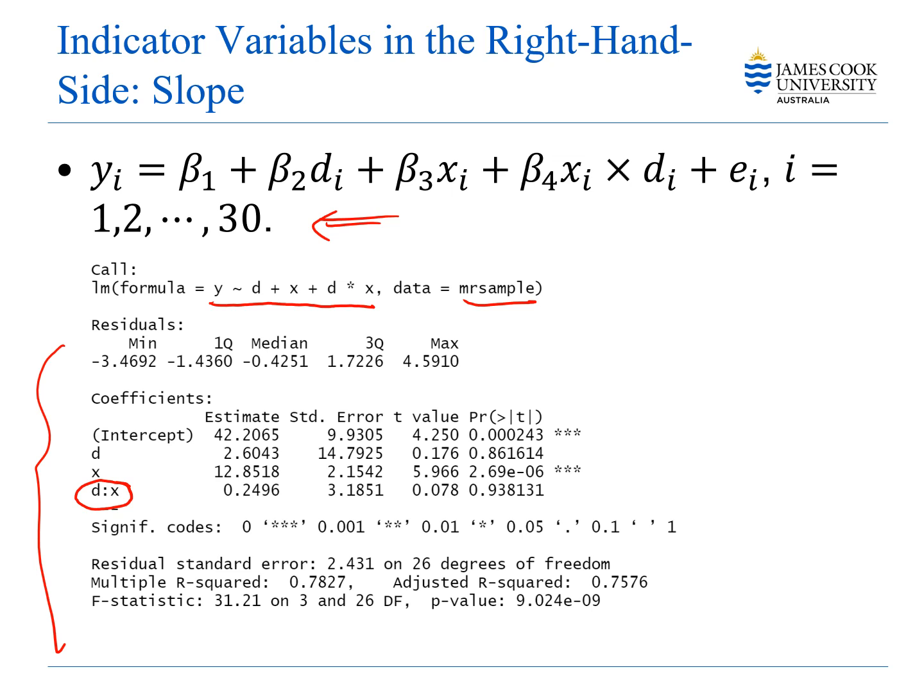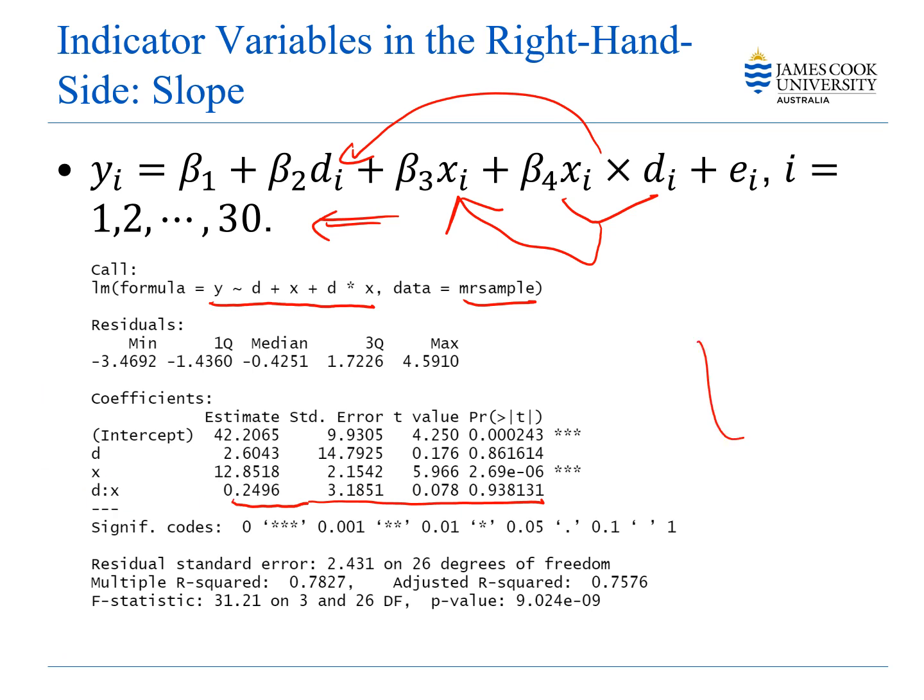In particular, this gives us the estimate of beta 4, the point estimate is 0.2496. And one thing you want to be aware of is that including interaction terms generally makes them highly correlated with xi and di. So this is the regression result when we include both the indicator variable and the interaction term.